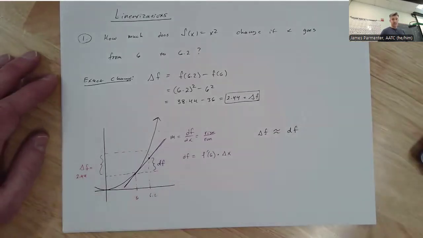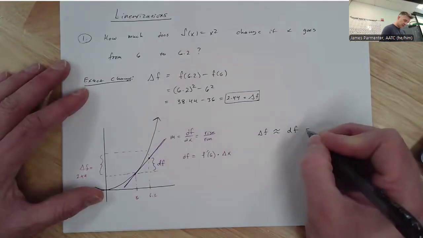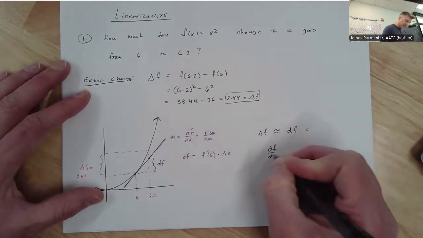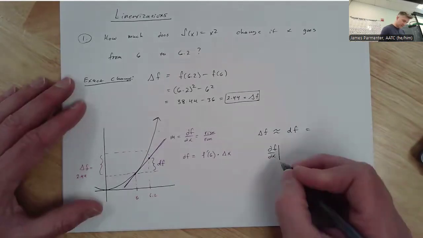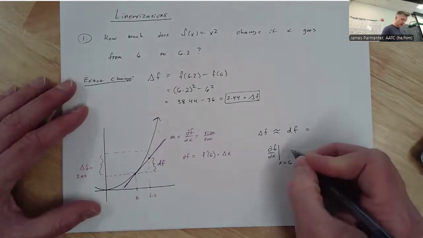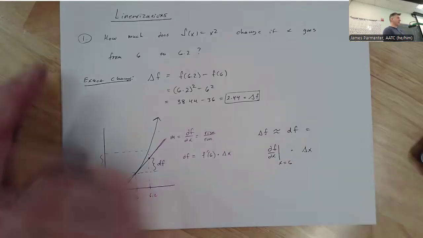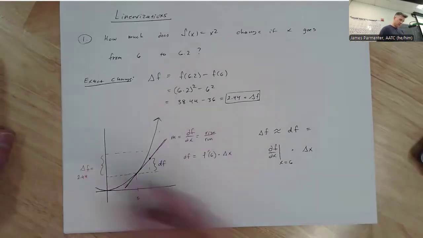And our df is going to be exactly the derivative df dx evaluated at whatever point we need to, in this case, x equal to 6, multiplied by how much x is changing by, your run.